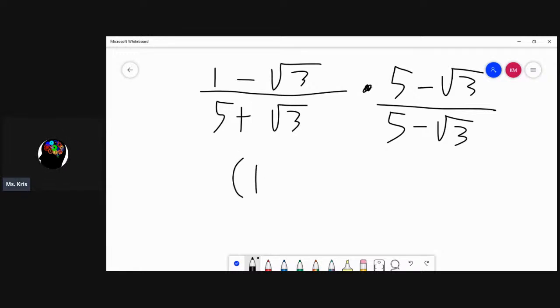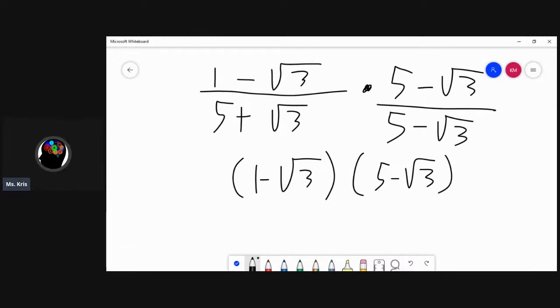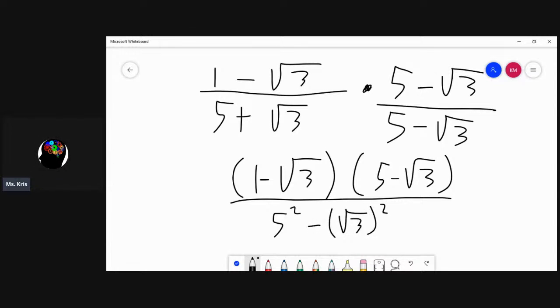So you have 1 minus the square root of 3 times 5 minus the square root of 3. And of course, based on our formula, where the two conjugates multiply into each other, you should have 5 squared minus square root of 3 squared.